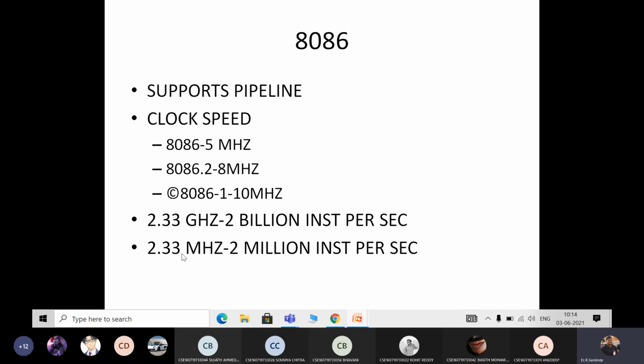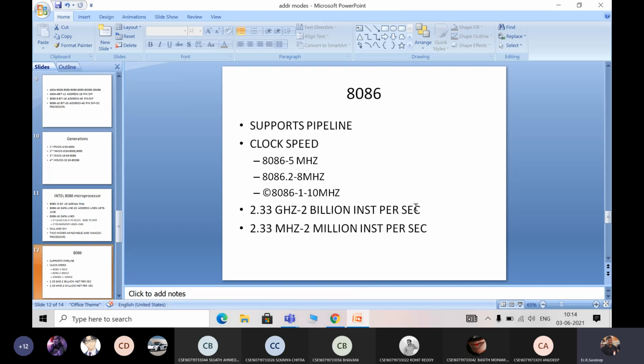If you want to understand clearly what is the megahertz and the gigahertz, here I gave one point about the megahertz and the gigahertz. If any microprocessor is capable of handling 2 billion instructions per second, then we call it 2 gigahertz. If it handles 2 million instructions per second, that is megahertz.